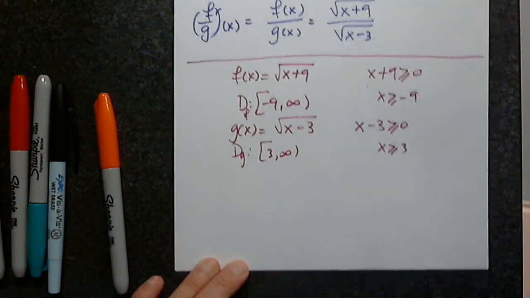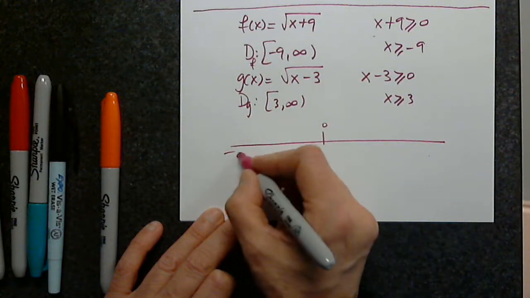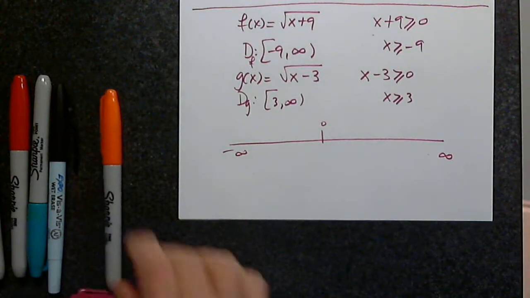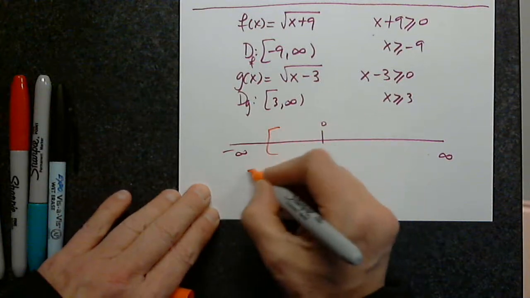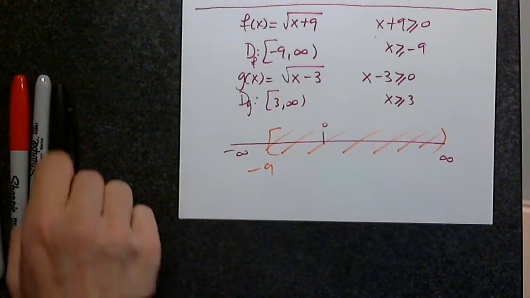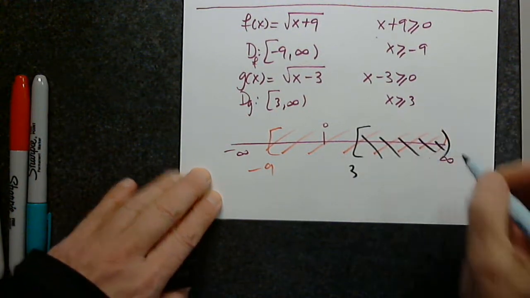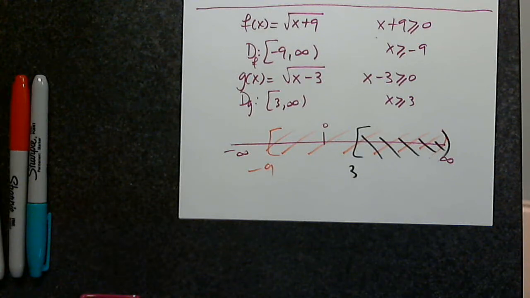We don't have to graph, but most of the time it's easier for me to explain if I graph. So the first domain is negative 9 to infinity. No need for units. This is just to help us understand what's happening. And the other one is 3 to infinity. The common domain I'm looking for, because if both functions exist, I can find the sum, difference, product, ratio. But if they don't exist at the same time, there is no point.